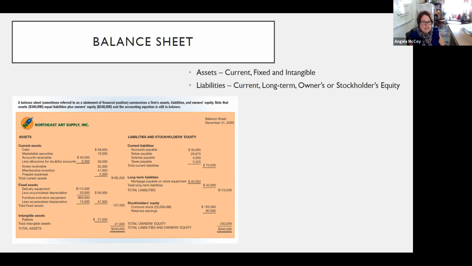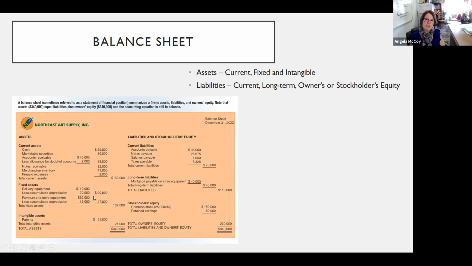Fixed assets are assets that will be held or used for a period of longer than a year. Fixed assets generally include land, building, and equipment. Note that the values of Northeast's delivery equipment and furniture and the store equipment are decreased by their accumulated depreciation. So that's listed right here as well if you follow my cursor.